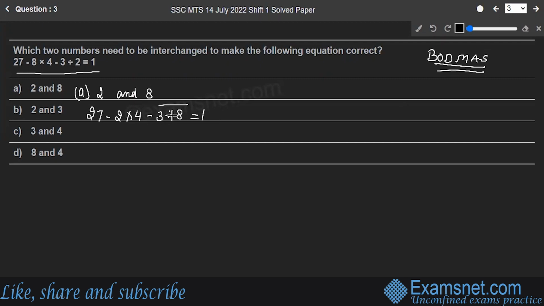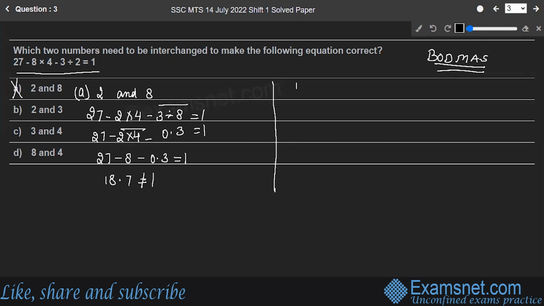So the very first thing to get solved is 3 divided by 8. So it becomes 27 minus 2 multiply 4 minus 0.3 should be equal to 1. Next is multiplication. 27 minus 8 minus 0.3 should be equal to 1. It gives you 18.7 should be equal to 1. But of course, this is not equal to 1. So option A is incorrect.